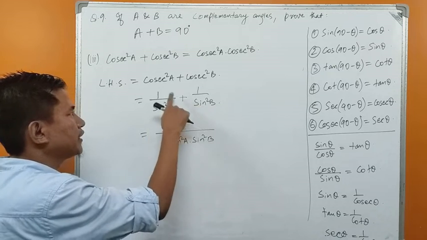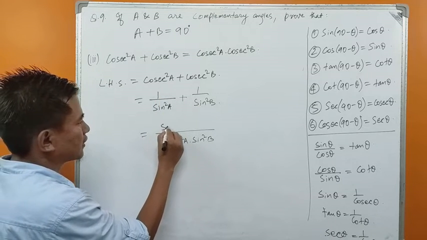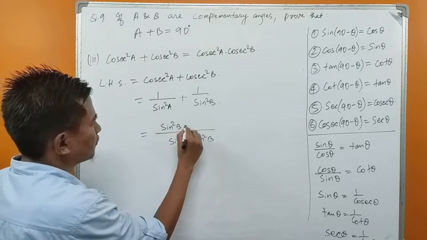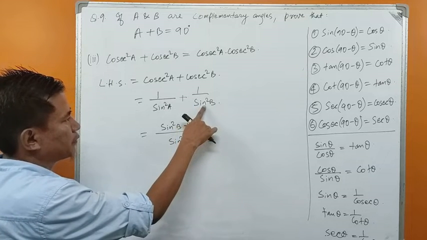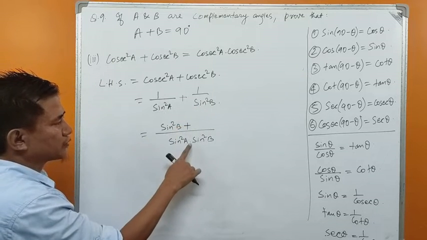So sin square B into 1 gives sin square B, plus sin square B multiplied with sin square A gives us this number.